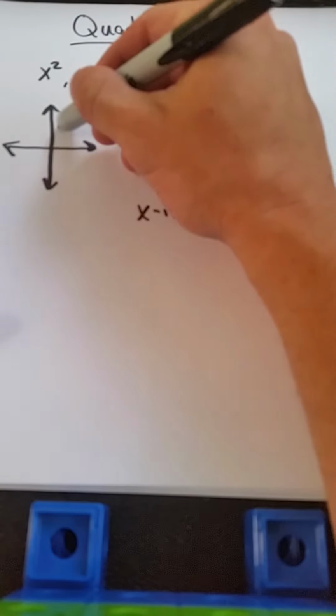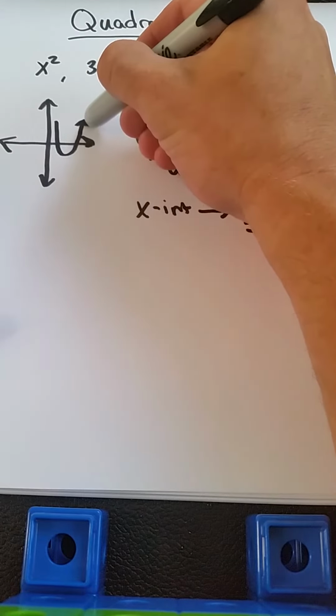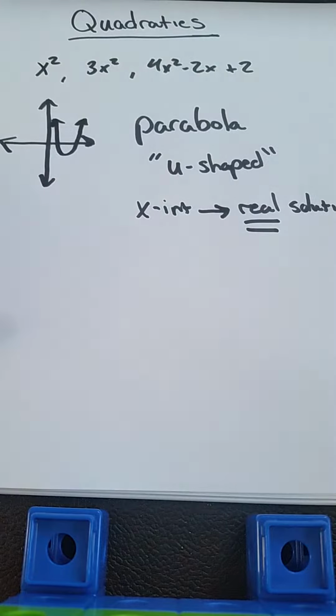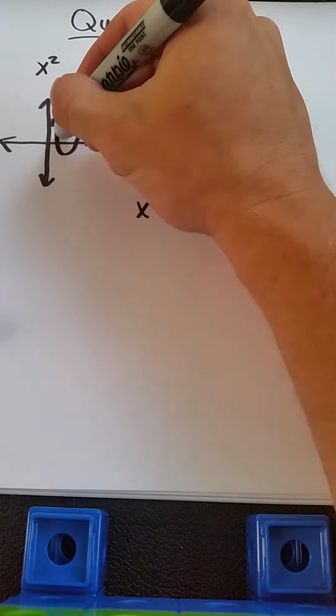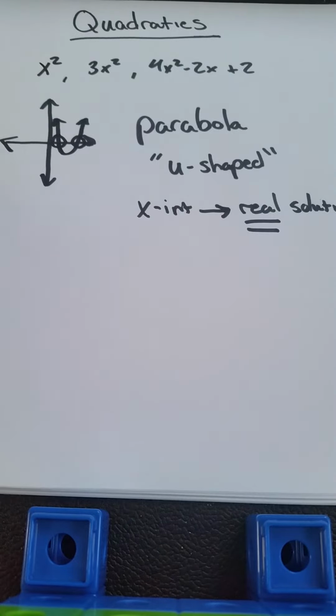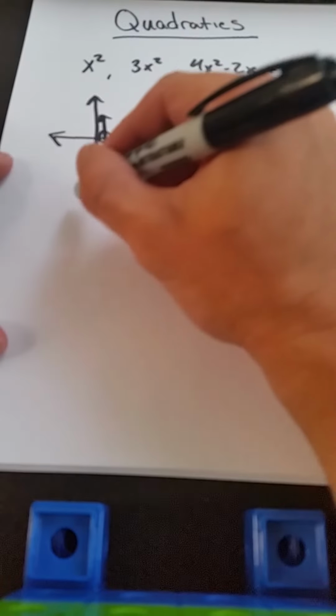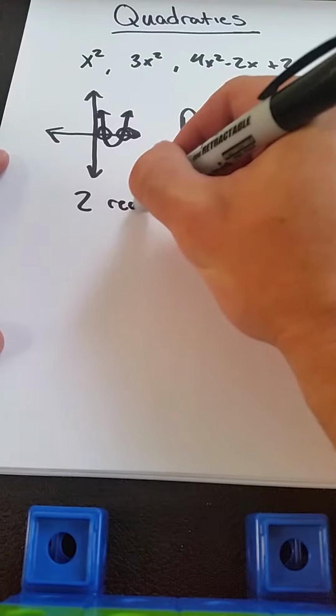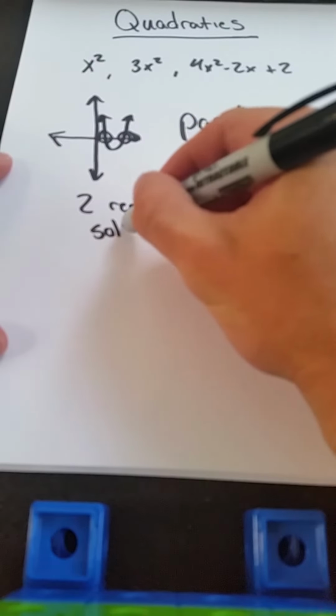Now, a graph of a quadratic could look something like that. You can see the solutions, or the x-intercepts, are right there. So the graph of this quadratic would have 2 real solutions.